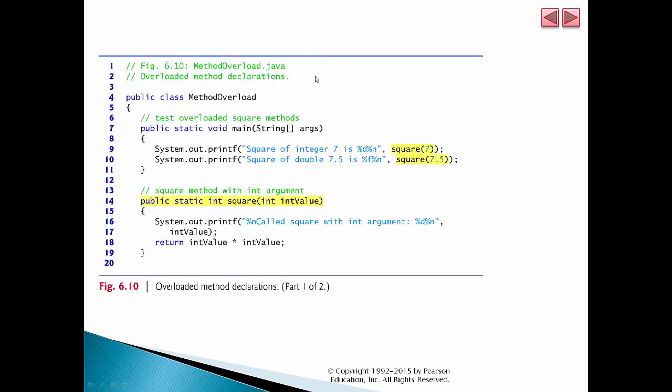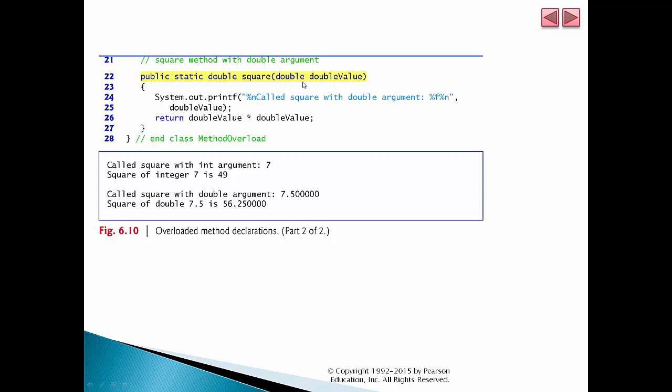If you call square with an integer literal, this method will be used because you're overloading the same method. If you pass a double, then this method will be used. Depending on what sort of data input you gave, Java will select the proper implementation of that method. That's called method overloading.